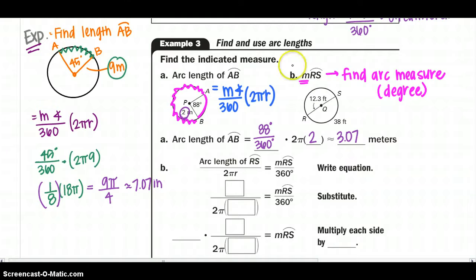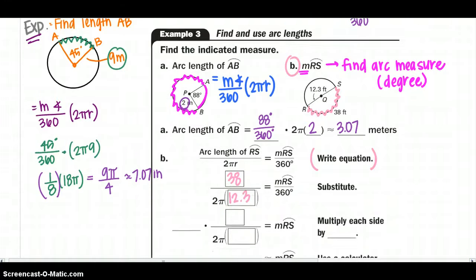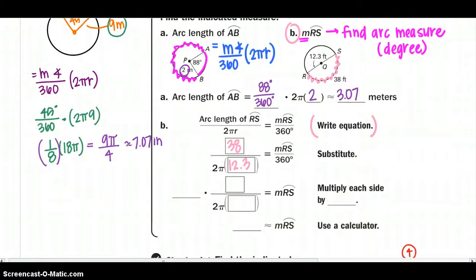Alright, moving over to B, I want to find the measure, so I'm going to find it in degrees. So I'm going to use my other equation that is written up there. So my arc length would be 38 over 2 pi times my radius, 12.3, equals the measure over 360.